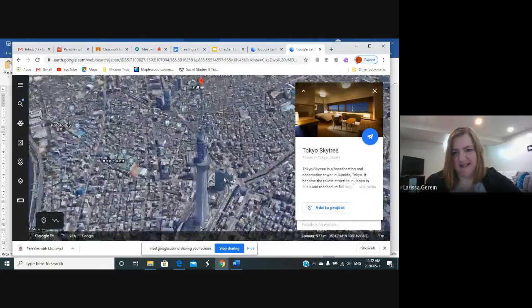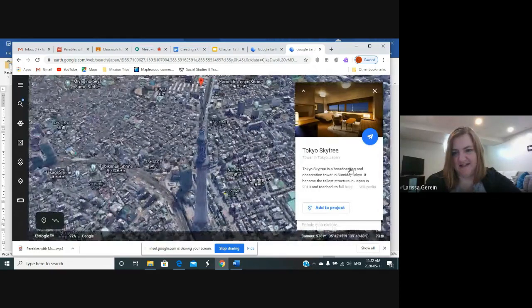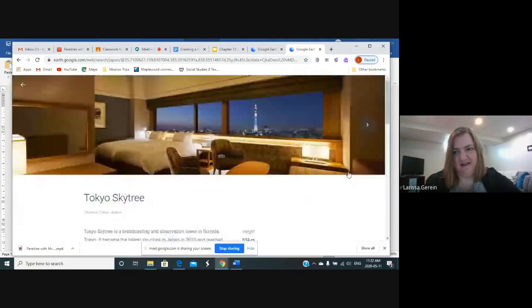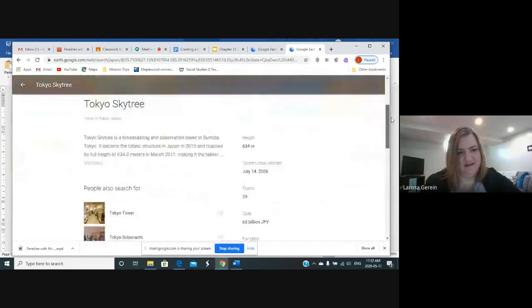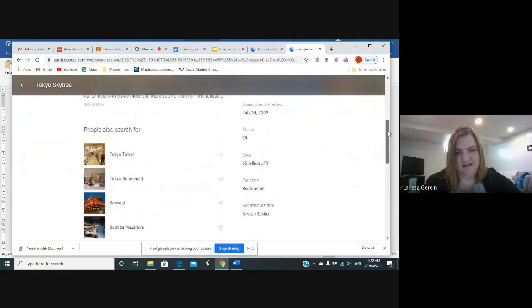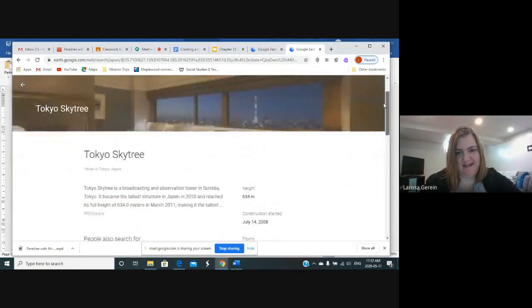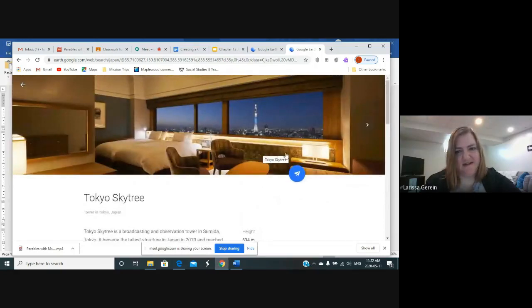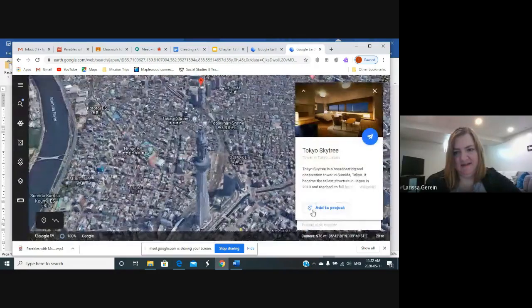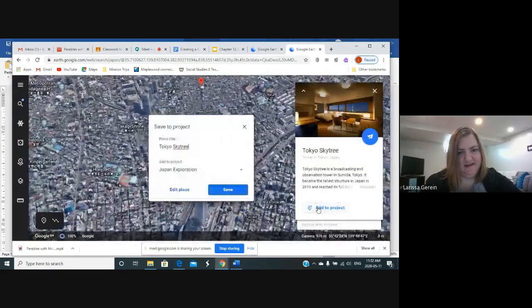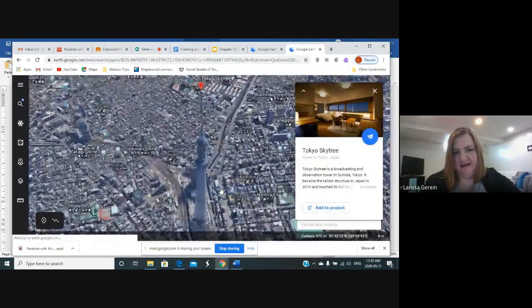And so then I can take a look at it. So that's pretty cool. The tallest structure in Japan. Look at the information. Pretty neat. Height, when the construction started. Add that.